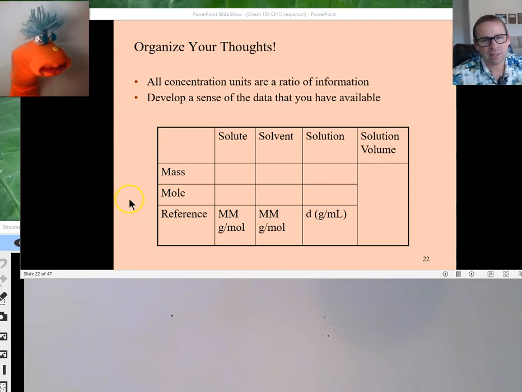Your table doesn't need to look exactly like this, but for now, you might as well have a table that looks like this, and we'll try to write this down every time. And as we work through it, that's going to allow us to become familiar with the important factors to identify different concentrations in different units.